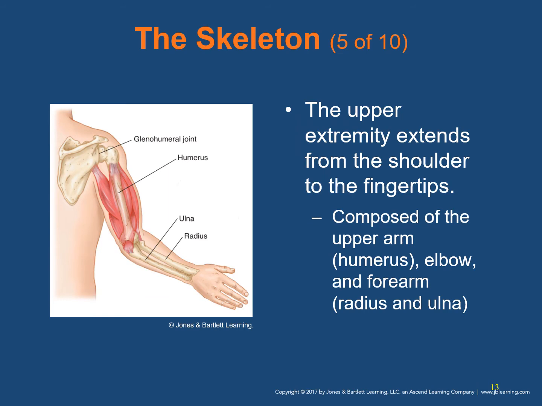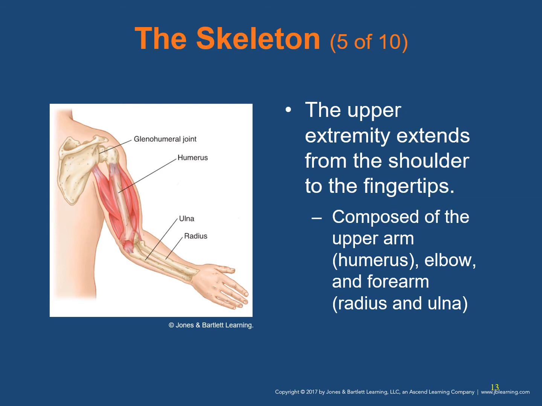The upper extremity extends from the shoulder to the fingertips and is composed of the upper arm, humerus, elbow, and forearm, radius, and ulna. The upper extremity joints are the shoulder girdle and the humeral joint. The humerus connects with the bones of the forearm to form the hinged elbow joint. The radius and ulna make up the forearm. The radius, the larger of the two forearm bones, lies on the thumb side of the forearm.